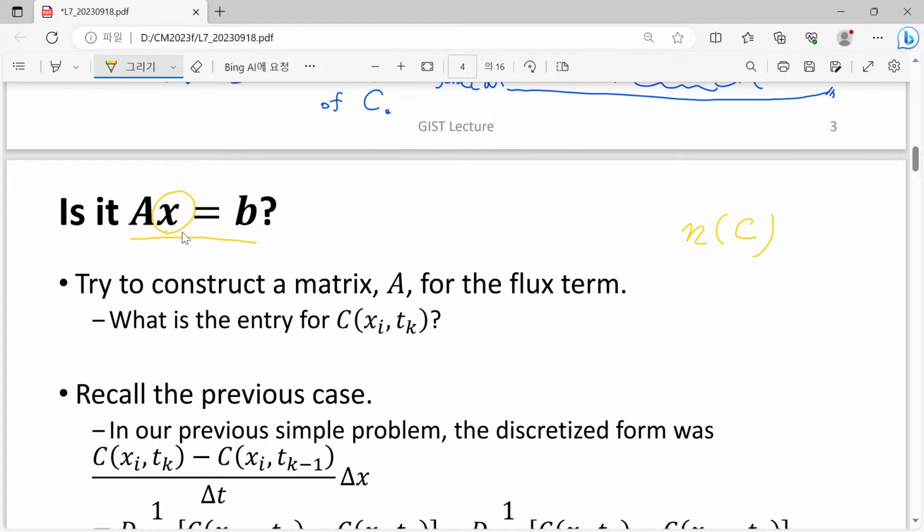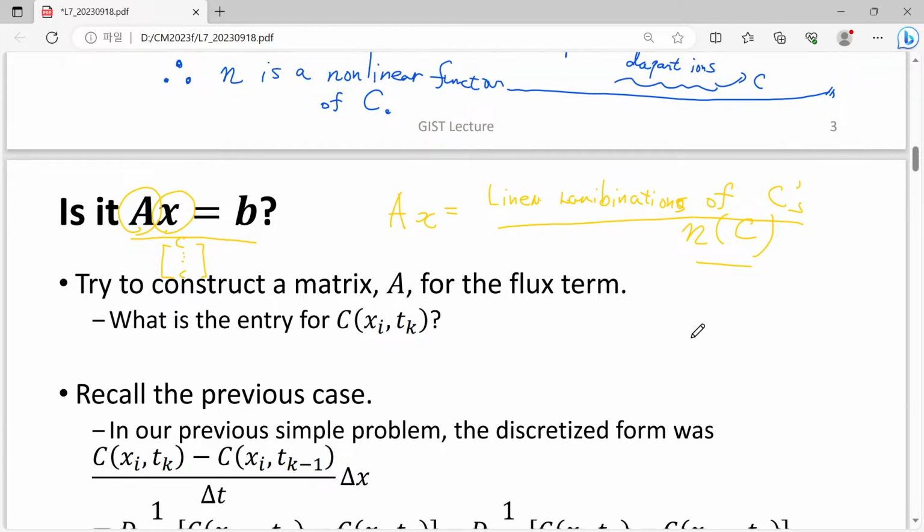In AX equal to B, when we have a C vector as a solution vector, this A is a linear matrix, and AX equal to B can generate just a group of linear combinations of our C values. So this kind of nonlinear effect cannot be considered in this AX term.